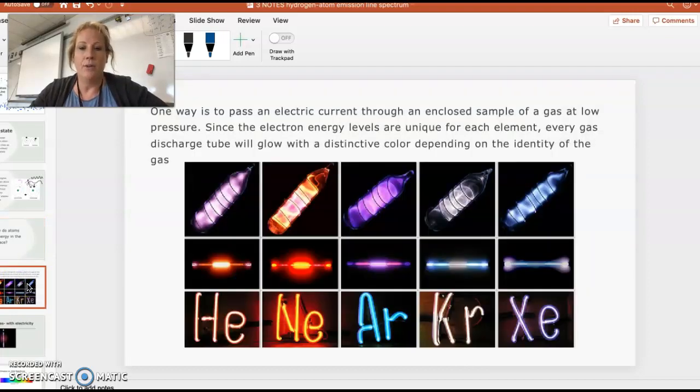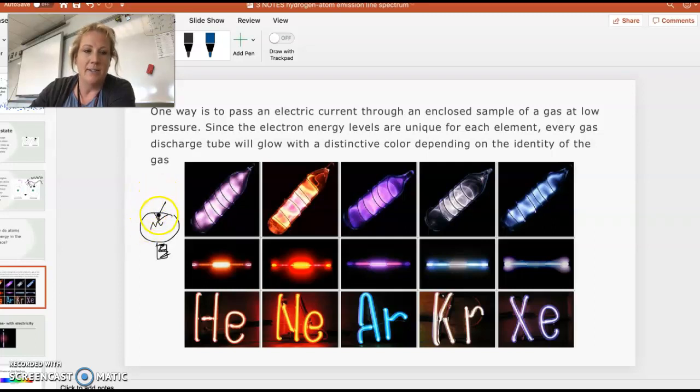But we can also do this through electrical current, and this is what we see in the different neon lights. This is also what occurs in some of the fluorescent lights. It's a little bit more complicated because there's a coating and things within the light too. But for the most part, an old-fashioned light bulb, the ones with the little filament, that filament actually burns out when the light bulb is done.